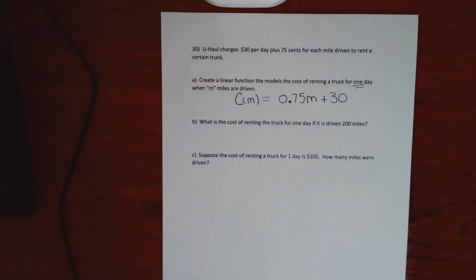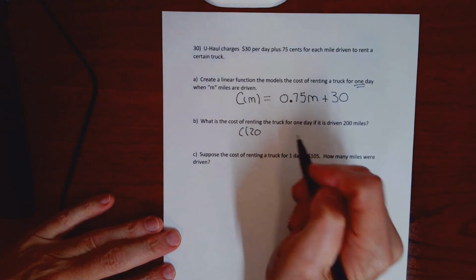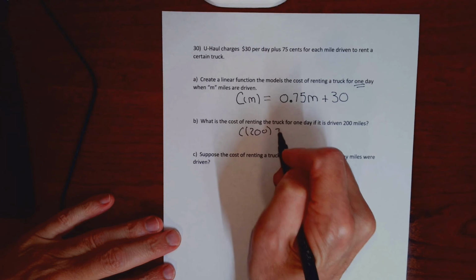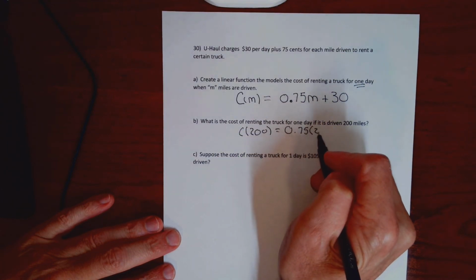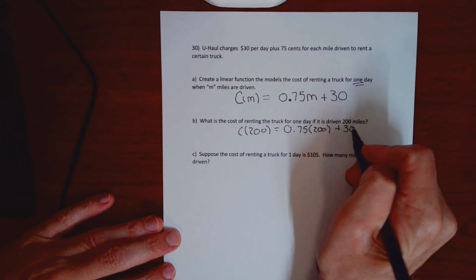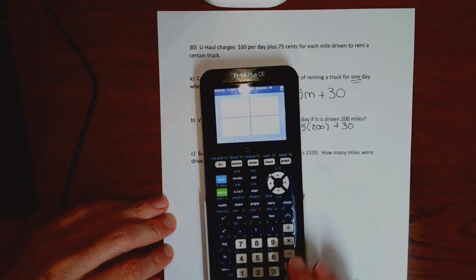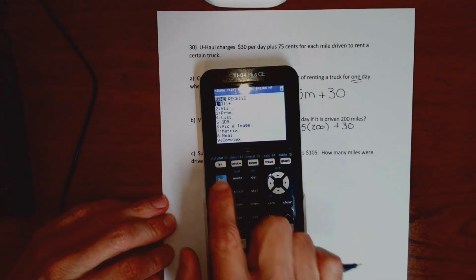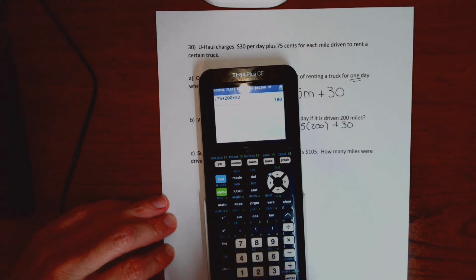Okay. Question part B, what's the cost of renting a truck if it's driven for 200 miles? The cost of renting a truck for 1 day is $30 plus 75 cents a mile. So it's 75 cents times 200 for the mileage cost plus $30. 0.75 times 200 plus 30, 180 bucks.